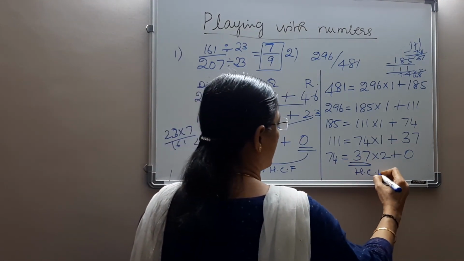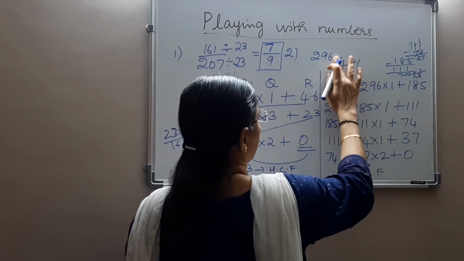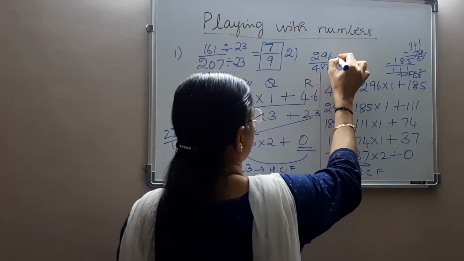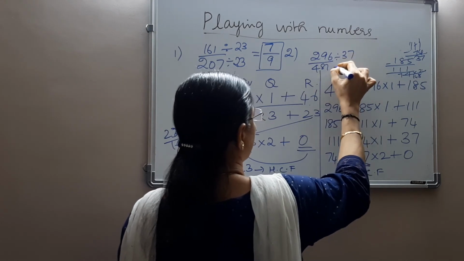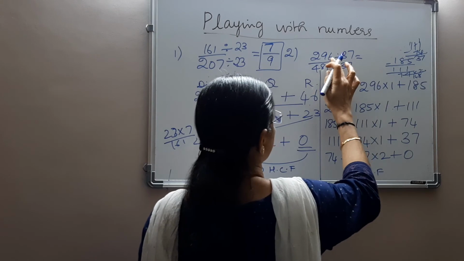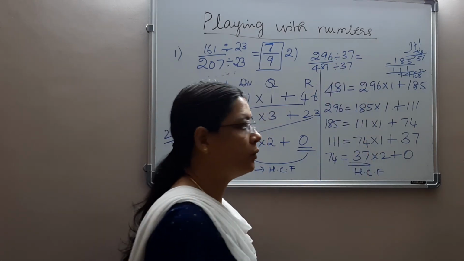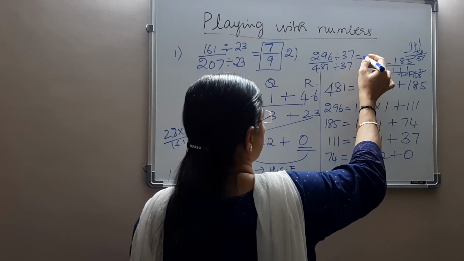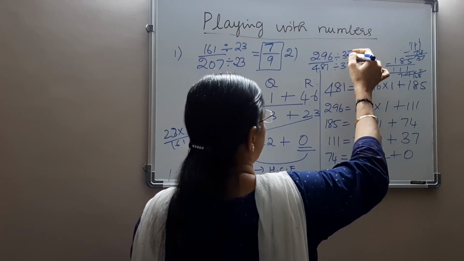So this is your HCF. Now divide both these numbers 296 and 481 by 37. Okay, so 37 into 8 gives 296.